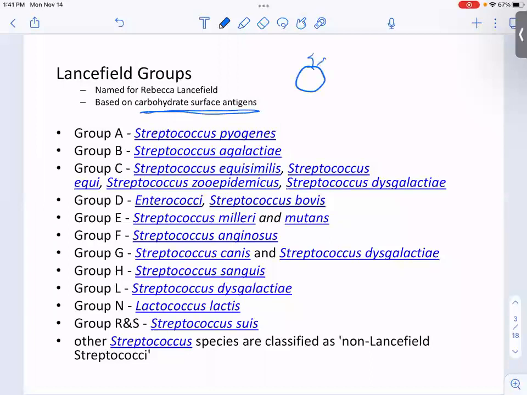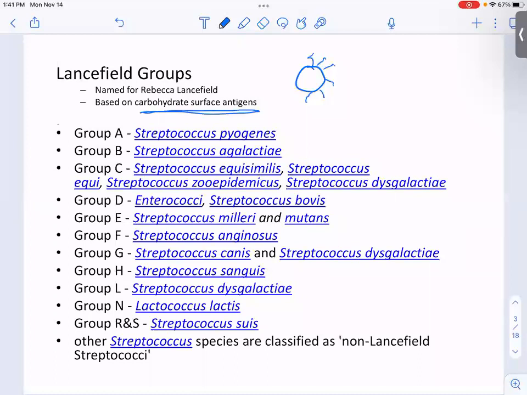If you can picture these carbohydrates on the surface that act as antigens, we can make antibodies that will recognize one carbohydrate from another. Usually carbohydrates aren't very good antigens. They don't elicit a very strong immune response, but she realized that you can type this out.